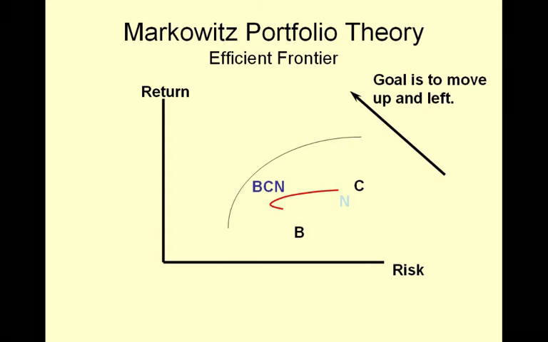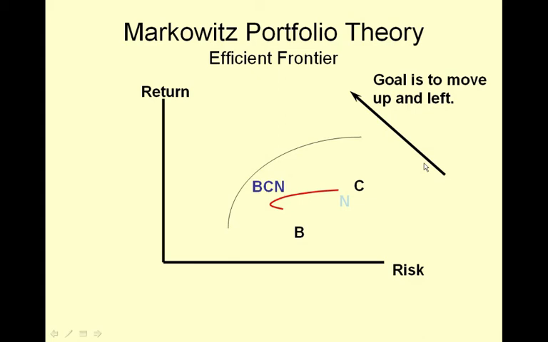Now let's add another stock, let's say investment N, which has a lower risk than C and a higher return than B. If we add N to our portfolio, we push our envelope of potential returns farther toward the northwest part of this diagram.